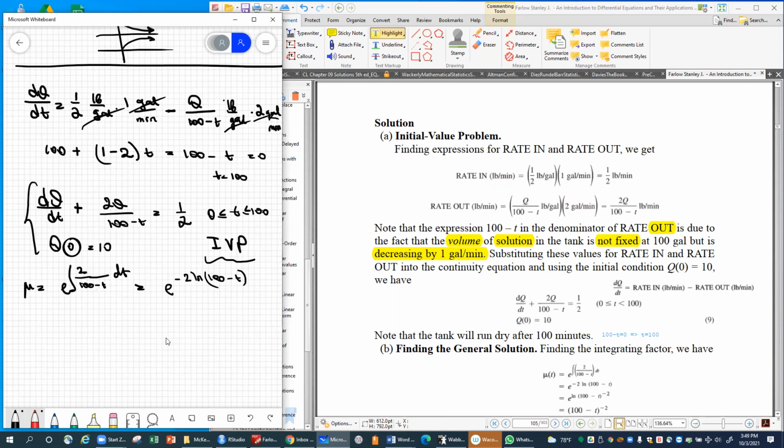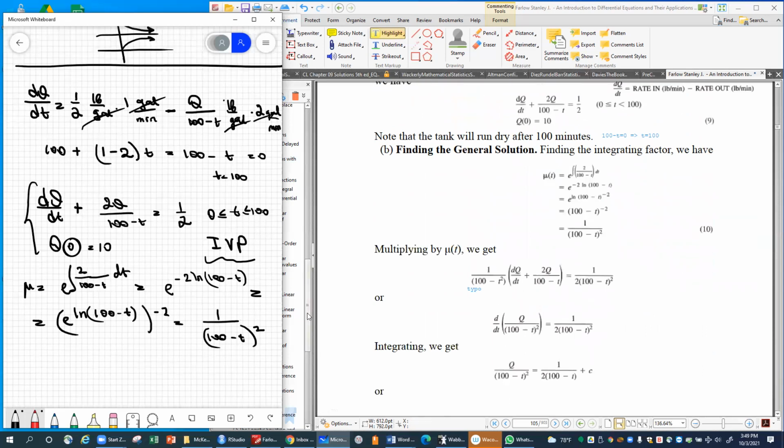This involves e and ln, so they undo each other, and I still have the minus 2. So it's 1 over (100 minus t) squared. That's the integrating factor. Okay.